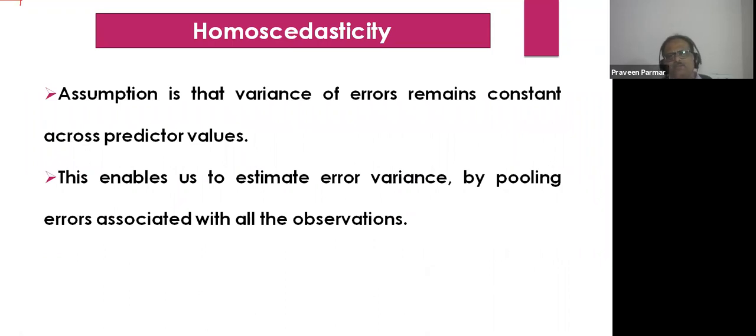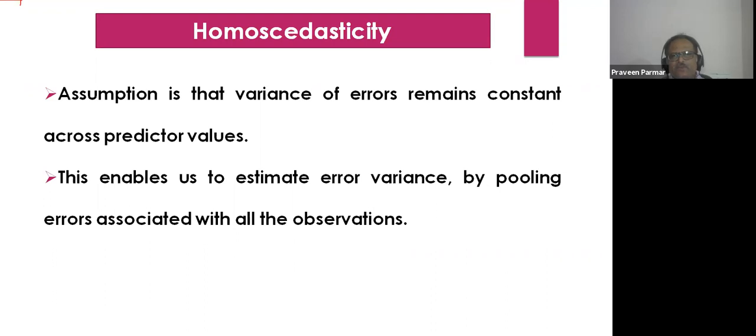Homoscedasticity means the assumption that the variance of errors remains constant across predictor values. Predictor values means whatever the variables x1, x2, x3 are.